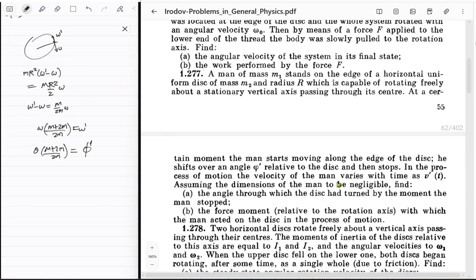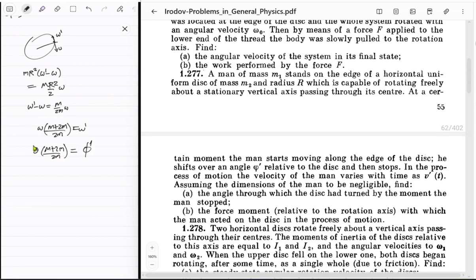And the velocity of the man, within what frame exactly? They didn't give us what that is. But phi dash is related to the disk, so I'm assuming this is also related to the disk. So v dash will just be omega dash times r, in the tangential direction. That's how the velocity changes. Cool. So just need to figure out this thing in terms of omega dash.